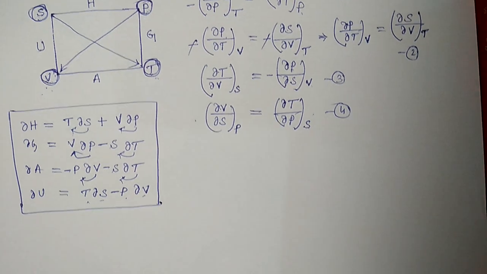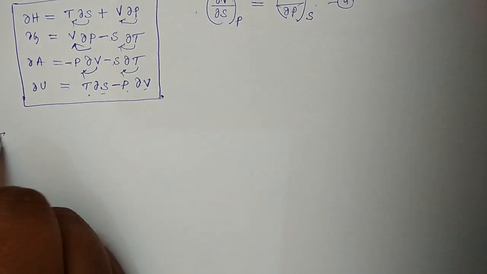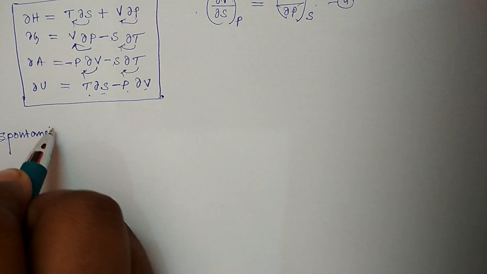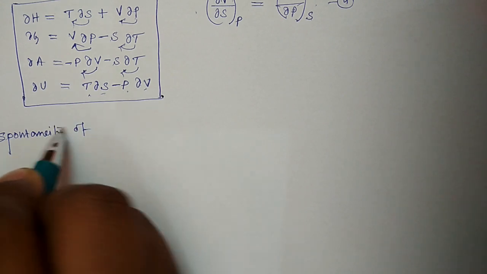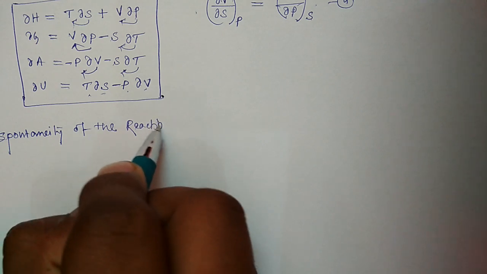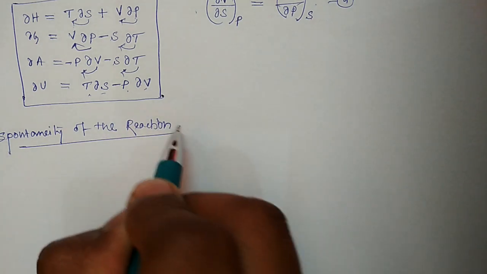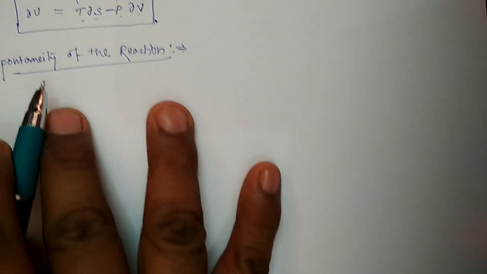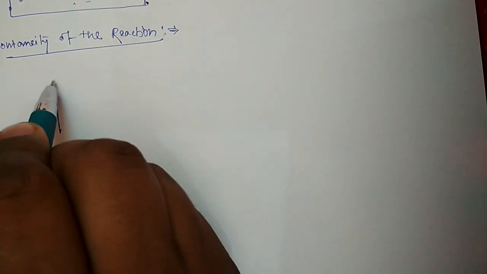Now we have to see the spontaneity of the reactions. What are the conditions for having spontaneous reactions through the Maxwell circle? Now we have to write the Maxwell circle.